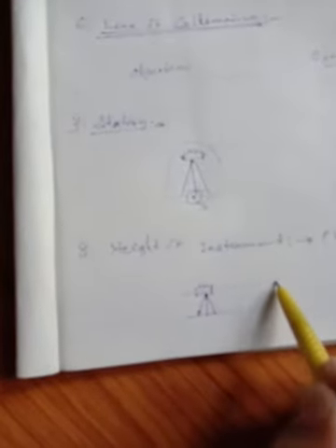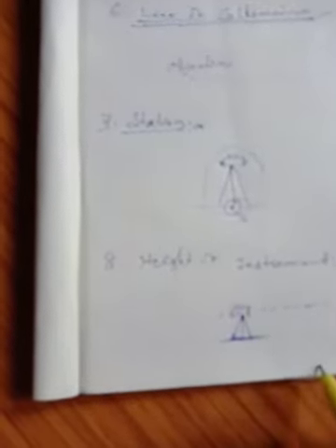The height of this line of collimation, sometimes also termed as line of sight, is the actual height of this line of collimation, not from the ground level. Always remember this: it is from the datum level.